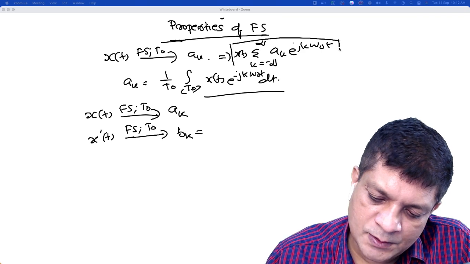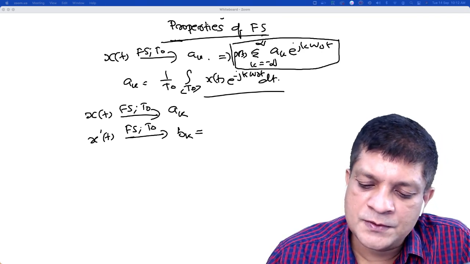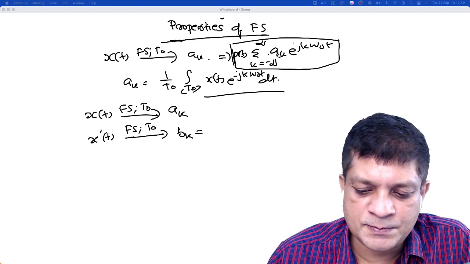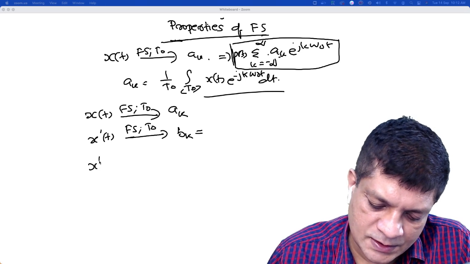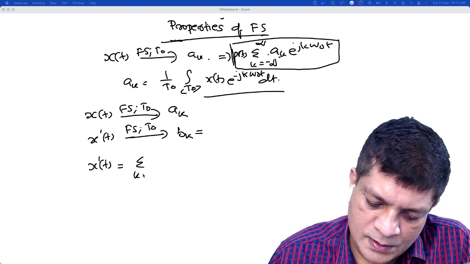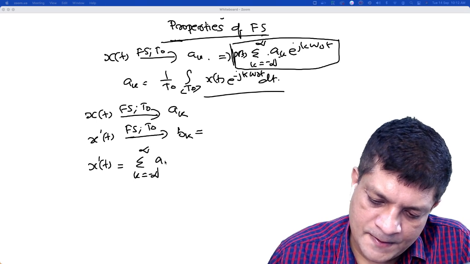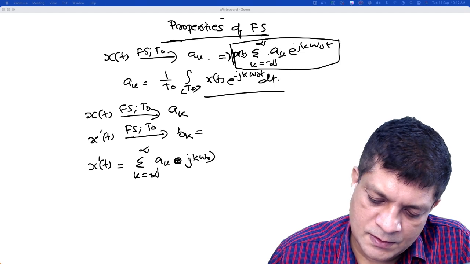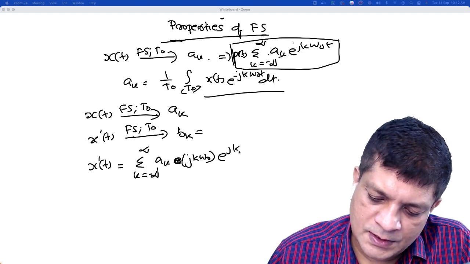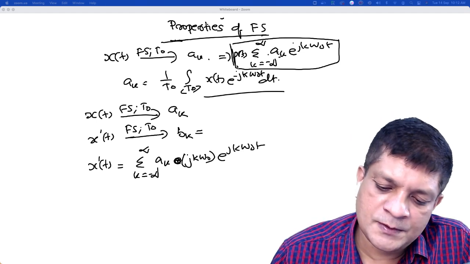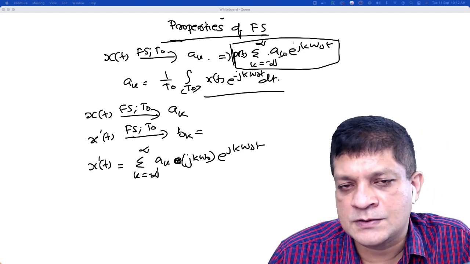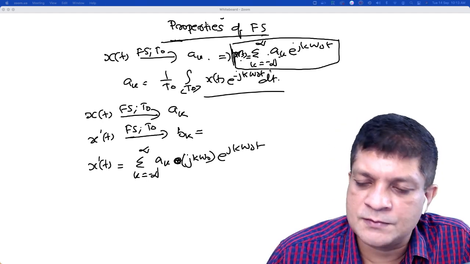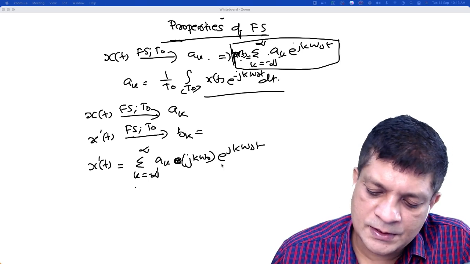If you differentiate both sides of the Fourier series synthesis equation with respect to t, then we will get x dash t equal to summation of a_k j k omega naught e to the power j k omega naught t. That is the Fourier series synthesis equation, so we get this relation.